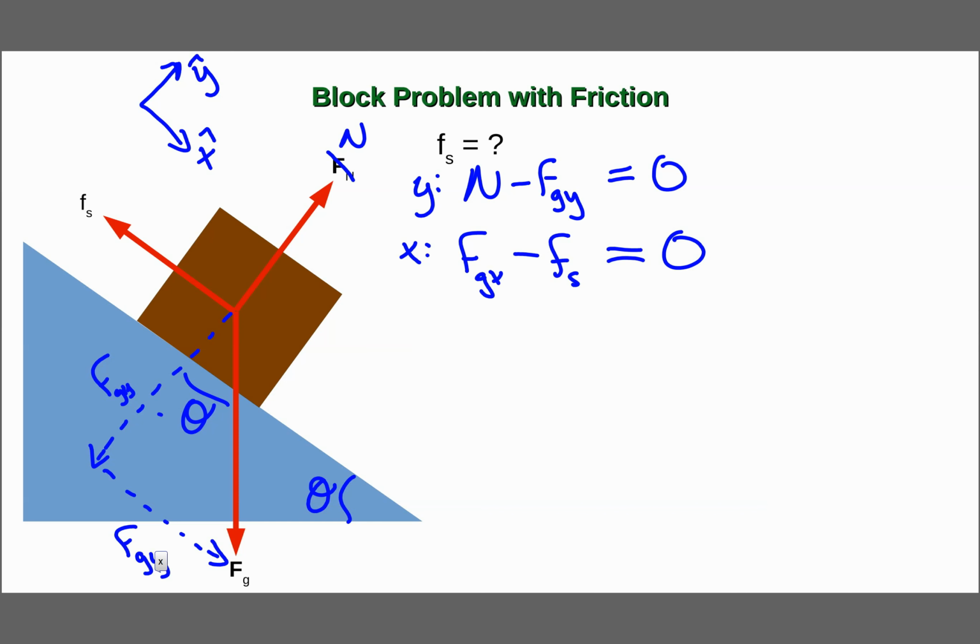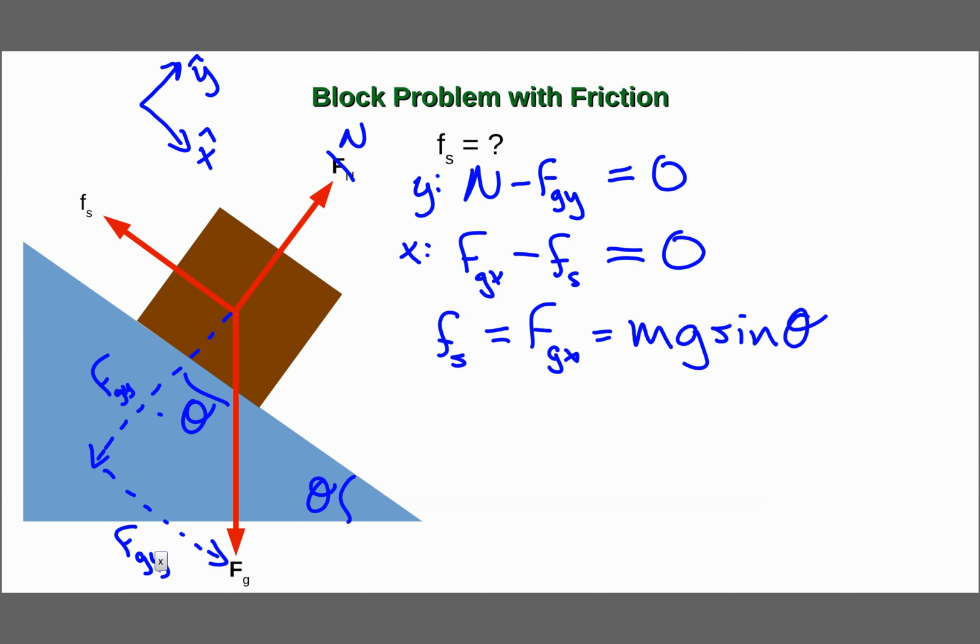If an object is not moving, it must have no net force on it, okay? So these must perfectly cancel. So then if we want to find the force of the static friction, it's just equal to Fgx, which is equal to mg sine theta, okay?